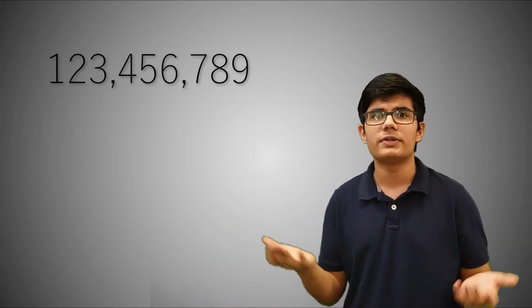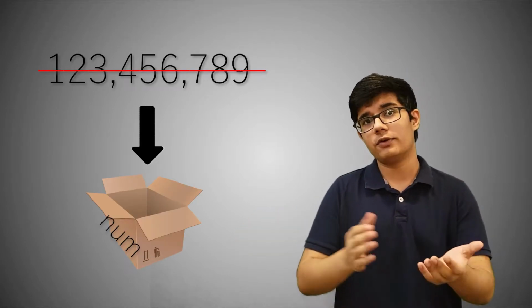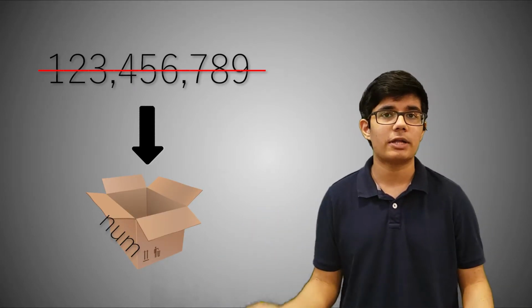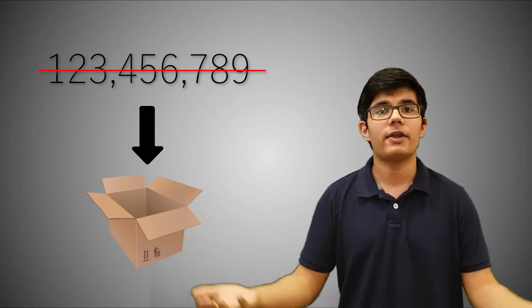Well, first, variables give us a way to write more concise code and organize it. Specifically, let's say we had a program that consistently uses the number 1, 2, 3, 4, 5, 6, 7, 8, 9. Instead of just constantly repeating that number every single time I have to use it, I can just store it in a variable called num and then refer to it later by printing it out and just saying print num instead of print the entire number.